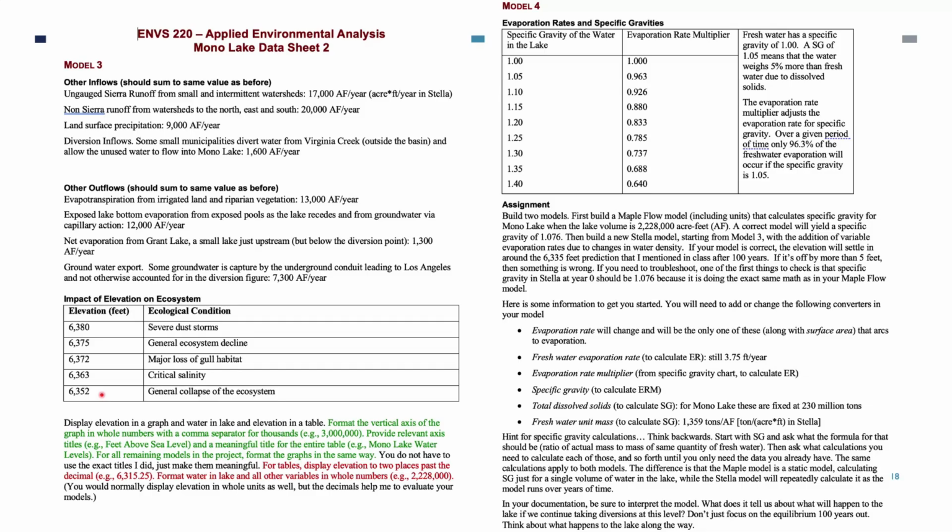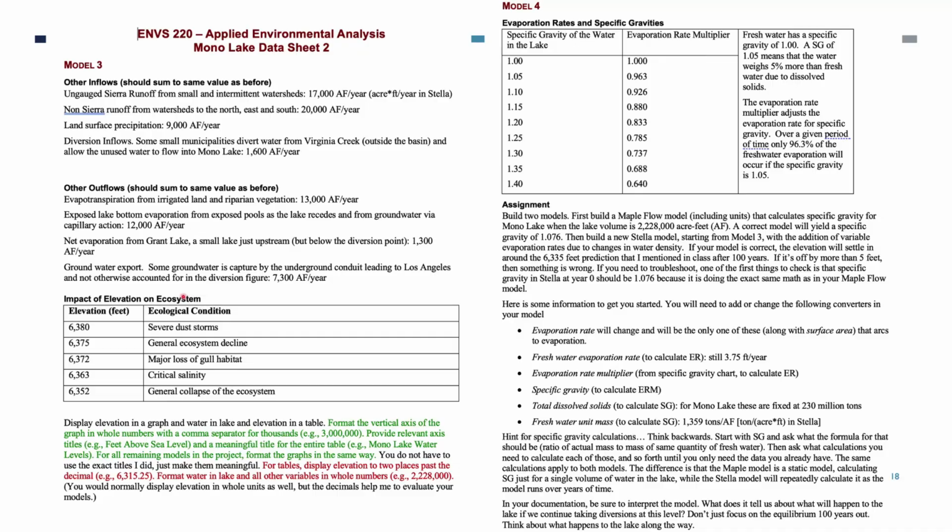So then, still on Model 3, and we'll talk about this Model 4 part in a minute. But still on Model 3, the next thing we want to do is some validation of the model. So we have a Model 3, and it gives us an answer, but how do we know whether this model is working right?